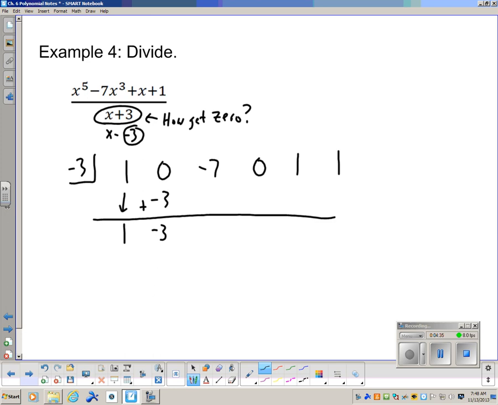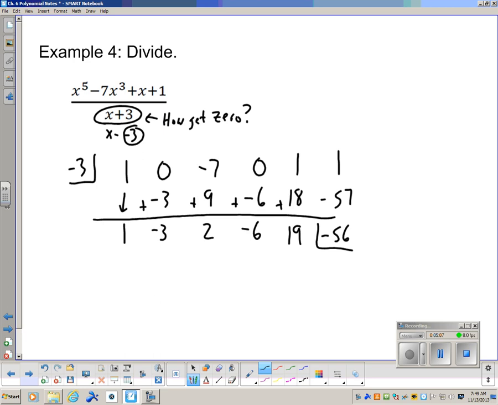Take -3, multiply by what's inside the box. You get 9. Add them together. Multiply by what's inside the box. Add them together. Multiply by what's inside the box. Add them together. Multiply by what's inside the box. 57? Is that right? Yeah, negative 57. And then add it together, you get negative 56.